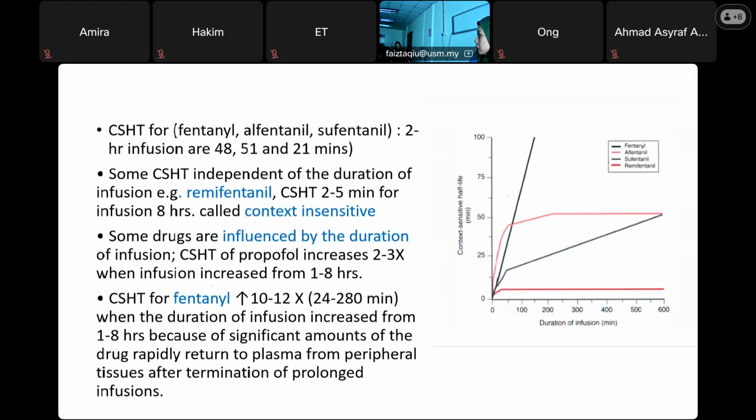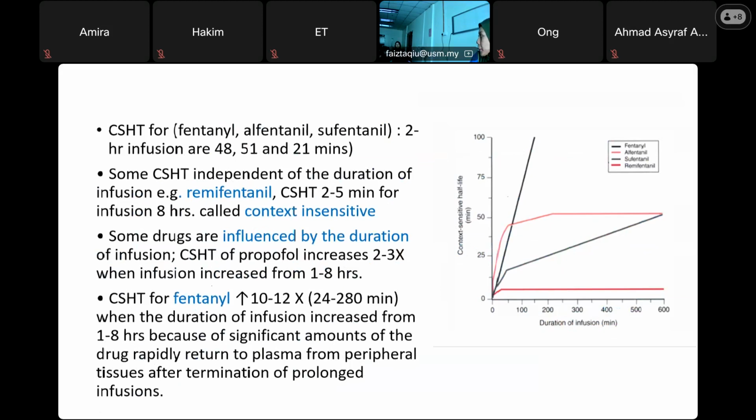From the plasma, of course, elimination from the central compartment also matters, but most of the effect for the drug, especially the highly lipid soluble, is redistribution, right? That's the main thing. So redistribution to somewhere else also affects your plasma concentration. Plasma clearance has many factors: hepatic clearance, renal clearance, non-hepatic clearance.